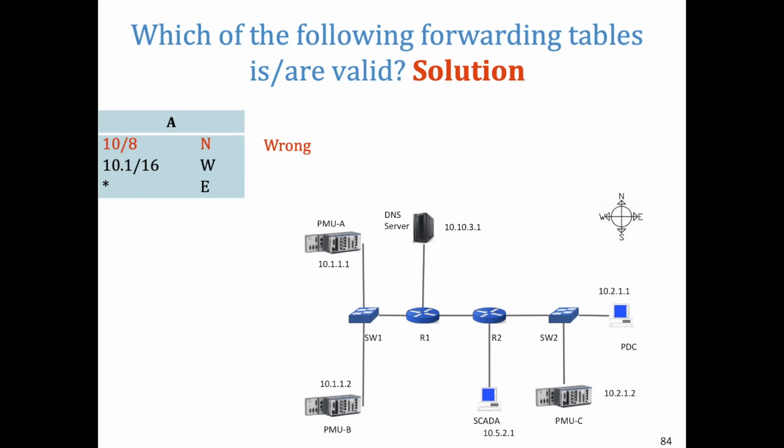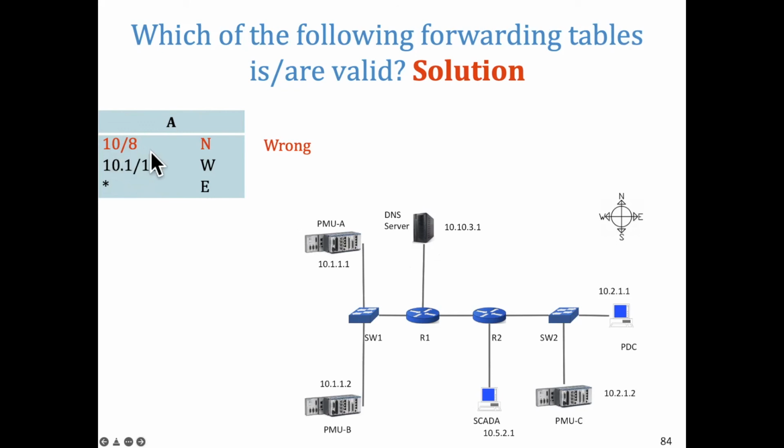A packet that has a destination address of a DNS server, 10.10.21. Well, this router uses this forwarding table. It does not match this one, because the address of the DNS server is 10.10 rather than 10.1.